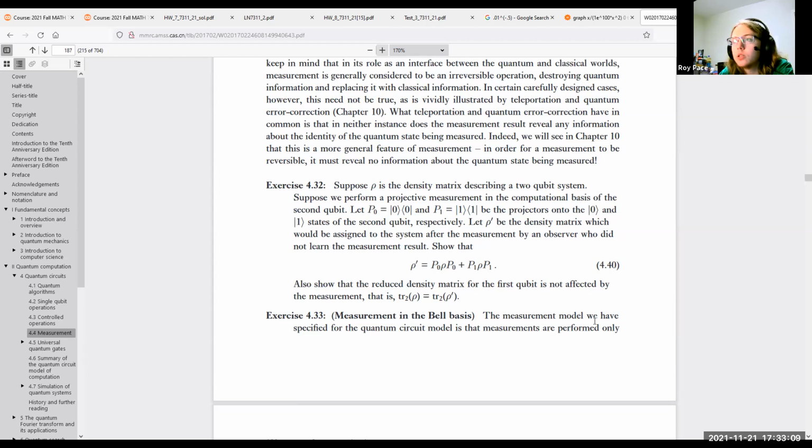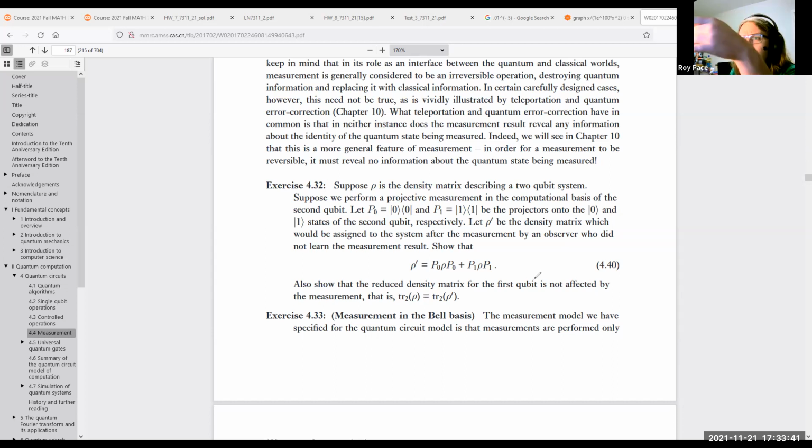Let rho prime be the density matrix which would be assigned to the system after measurement, and show that rho prime is equivalent to applying, I don't know the proper term for this, I see this all the time, the outer product? Yes, show it is equivalent to the density matrix sandwiched by the outer products.